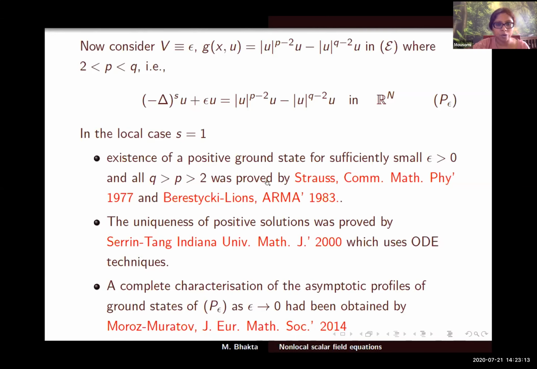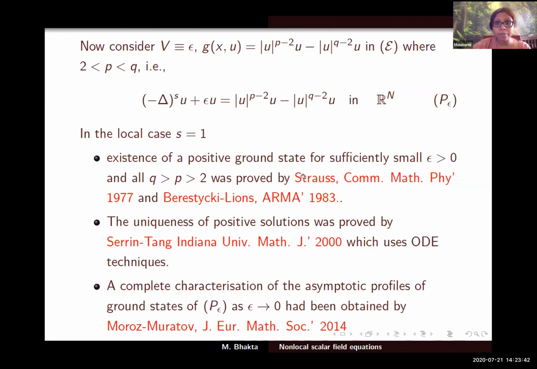Okay. In the local case, s equal to 1, existence of a positive ground state solution for sufficiently small epsilon was first proved by Strauss, but he was able to prove it only in a certain range, not the full range, and finally Berestycki and Lions in 1983 proved the existence of a positive solution for small epsilon in the full range.